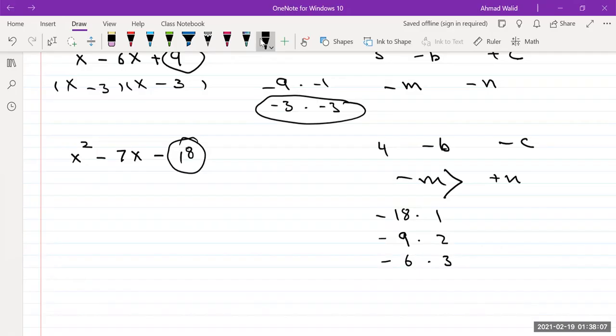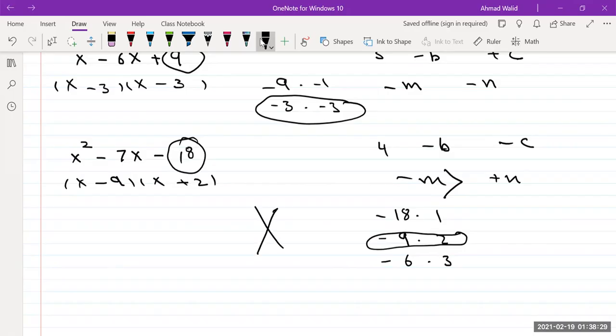Which pair gives you negative 7? Of course, negative 9 and 2. Then 2 parentheses, x and x, correct? X minus 9 and x plus 2. We call this one factoring trinomials. I know in school, do you use this method?